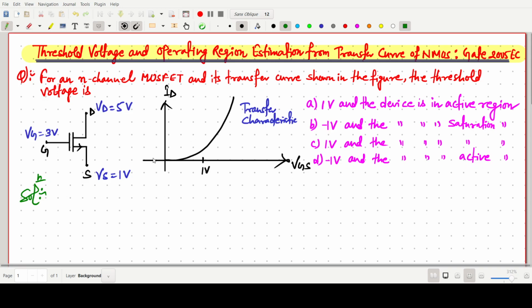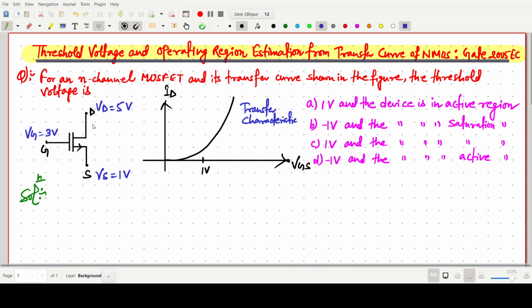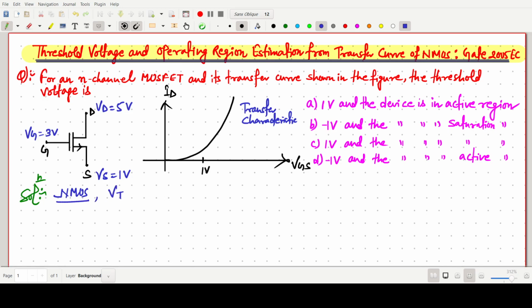So we have to estimate, first of all, in which region the device operates and what the threshold voltage should be. Basically this one is our simple NMOS. In NMOS the VT value will be positive. Threshold voltage is positive in case of NMOS.